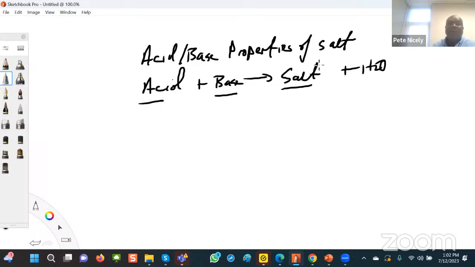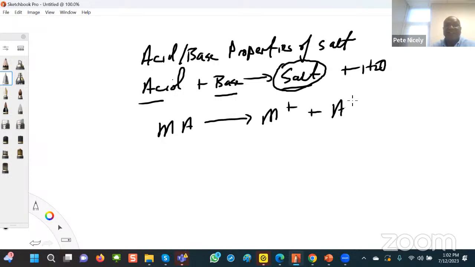And what we're going to look at is how do we predict whether or not a salt is acidic or basic. So let's say you have a salt I'm going to represent with MA, and let's say that MA dissolves completely in water to form M plus and A minus. Now, to predict whether the salt is acidic or basic, you have to ask how each of these interacts with water.